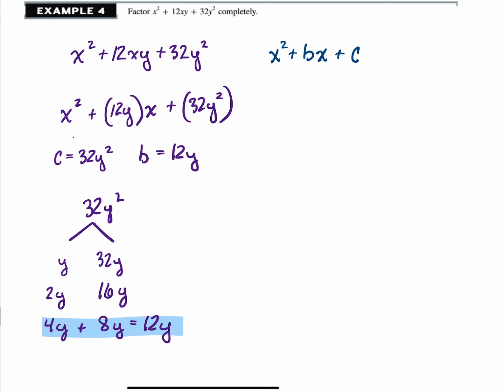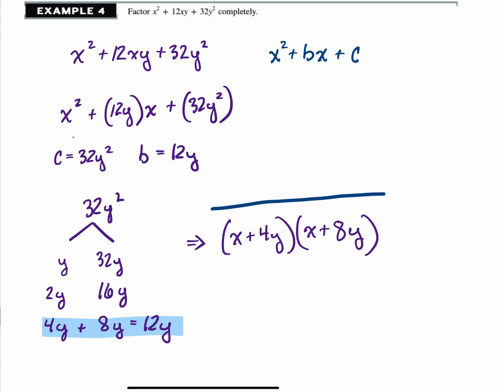So our two factors that we're looking for are 4y and 8y, meaning this original expression can factor into x plus 4y times x plus 8y. So let's multiply it out just to be sure that this works. So foiling this, our first terms multiplied would be x times x, so x squared.